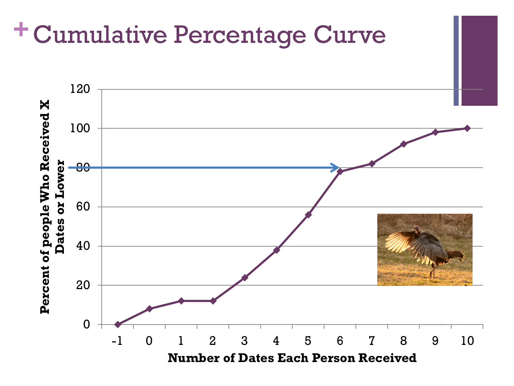So this means 80% of the people received 6 or fewer dates. So the 80th percentile point falls at a score of 6. Or we can say the 80th percentile point is a score of 6. As I said earlier, statisticians sometimes shorten this to say the 80th percentile is a score of 6, but we will make an effort to use the conventional language and say percentile point.